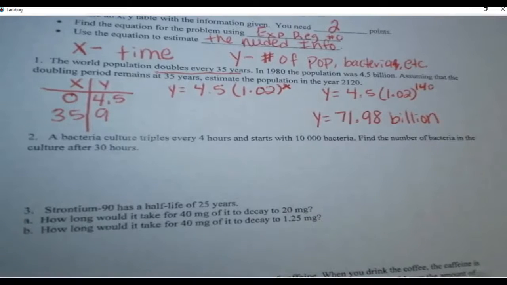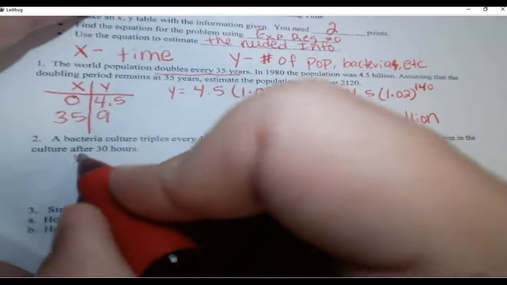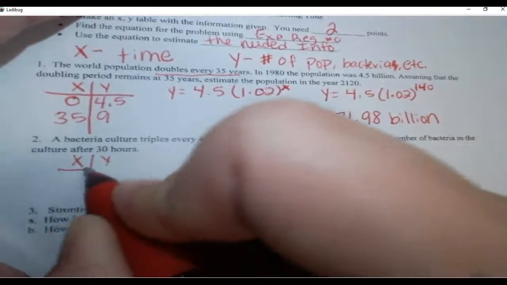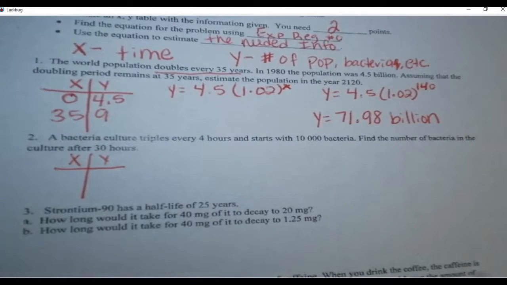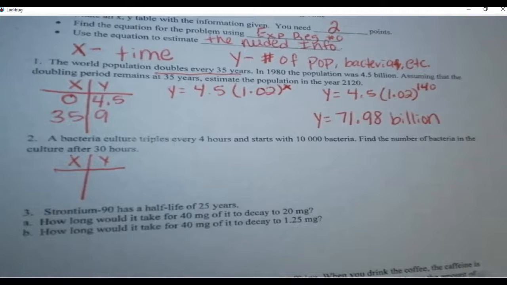Actually, number 2. So number 2 says a bacteria culture triples every 4 hours and starts with 10,000 bacteria. Find the number of bacteria after 30 hours. So first we need to find our equation. So it tells me it triples every 4 hours, but it starts with 10,000.